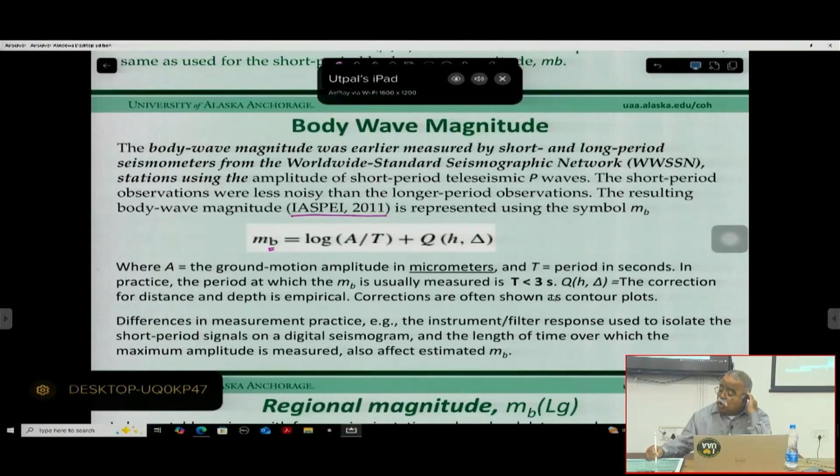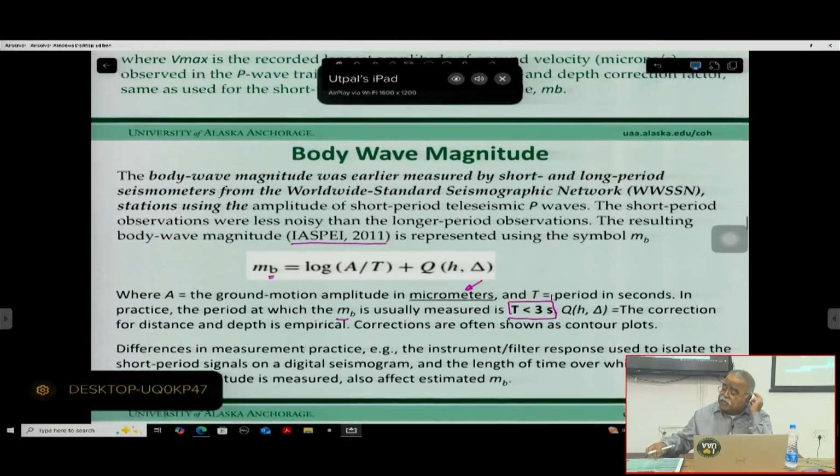This is log of A by T plus Q of h and delta. A is the ground motion amplitude in micrometers, that means it's a displacement value, and T is the period in seconds. In general, they measure mb at a period of less than 3 seconds.